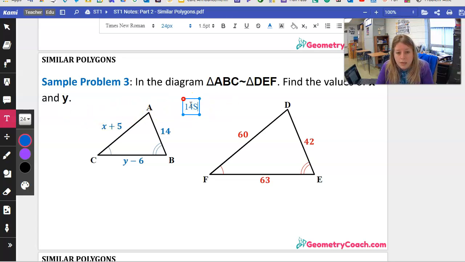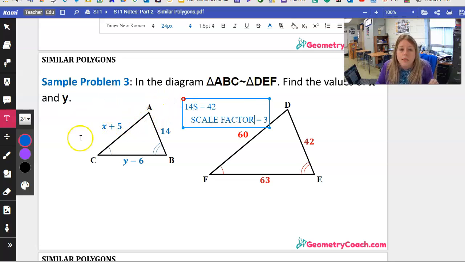14 times something, some scale factor, equals 42. So if I divide 42 by 14, I get 3. So my scale factor is 3. So that tells me that 3 times everything in the blue triangle equals the red triangle. Not the angles. The angles are exactly the same, only the sides.